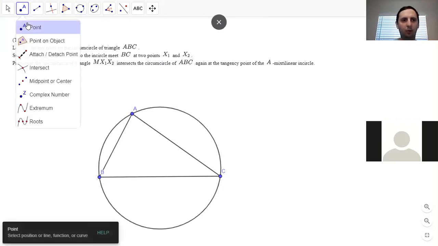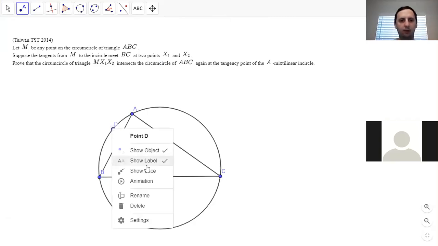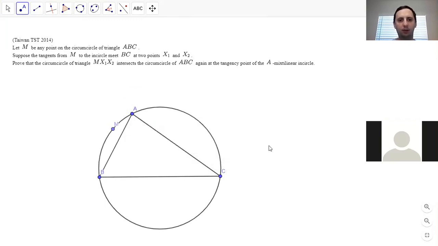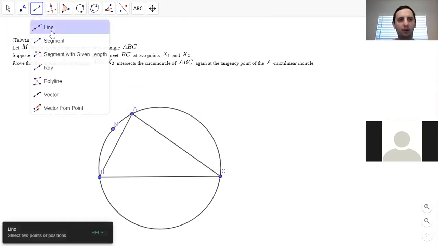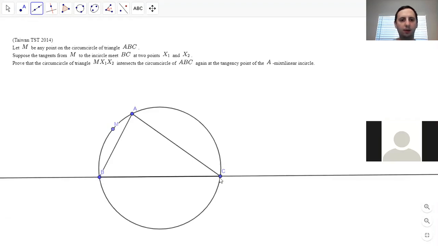Then we have point M, and we draw the tangents to the incircle, and we see where they meet BC. So I think we're going to want to draw the whole line BC, and we're going to need the incircle.